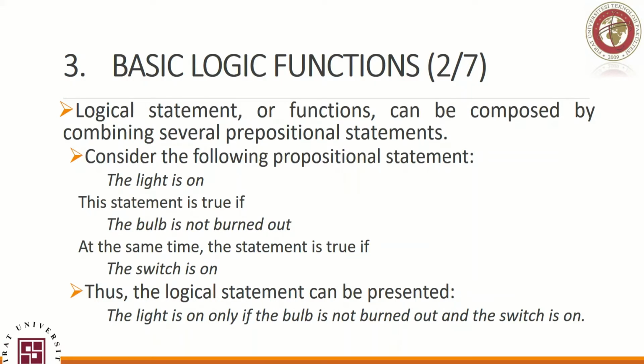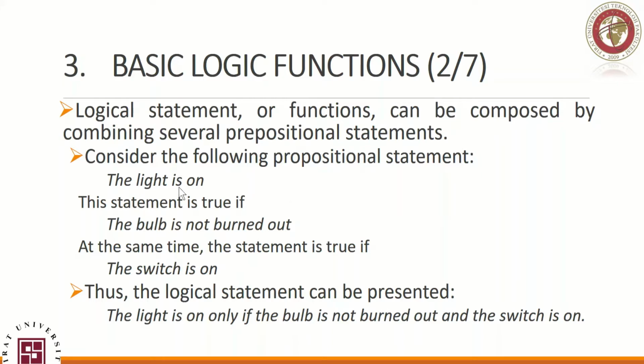We will come to it in a while, but before I go to Boolean algebra, let's just take a simple example. Let's consider a very basic, elementary propositional statement, or declarative statement, that tells you a possible outcome that could be true or false. So the light is on. When I say the light is on, my statement or this proposition can be true or it can also be false, depending on what?